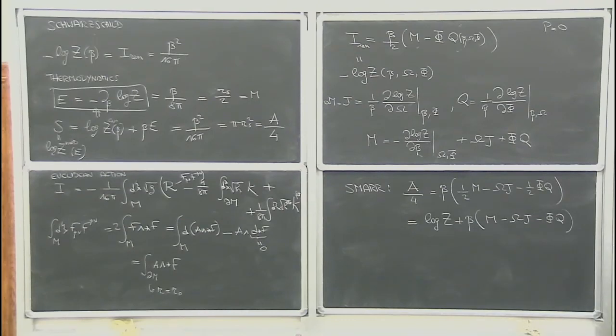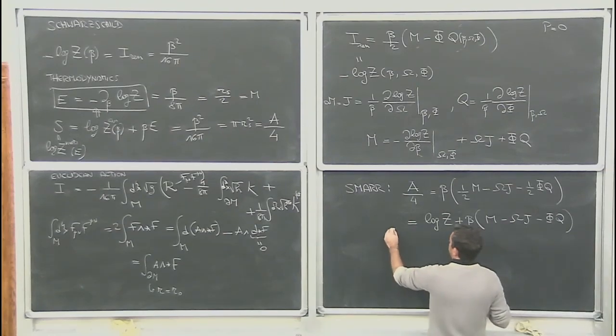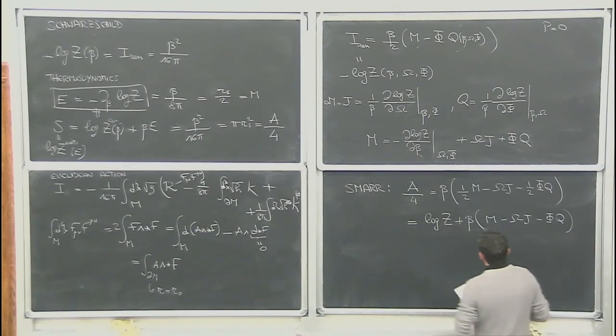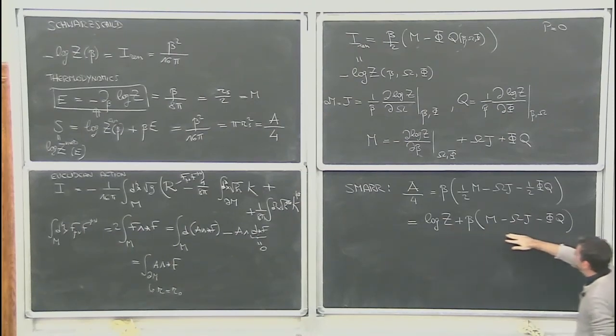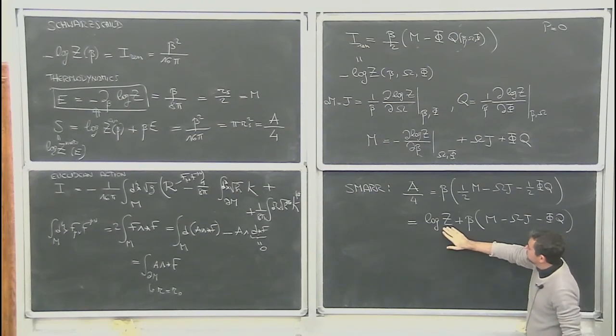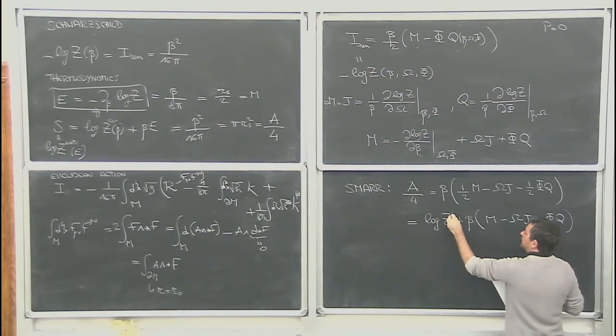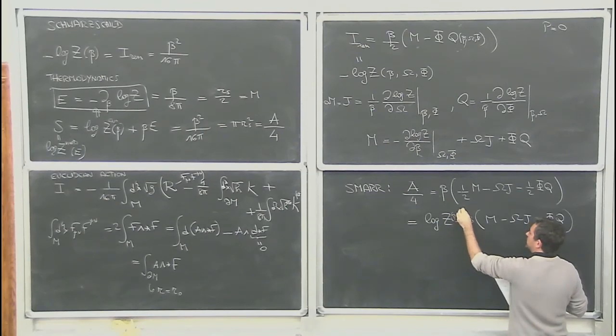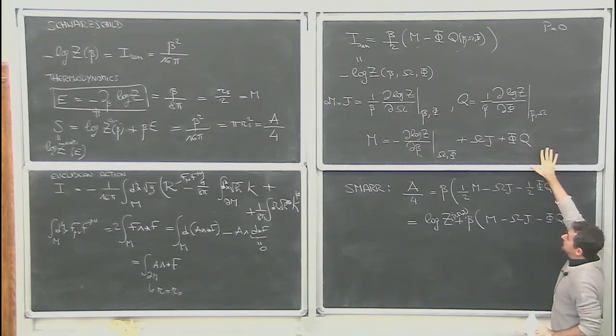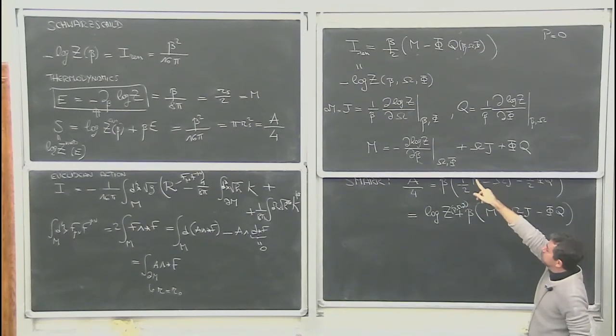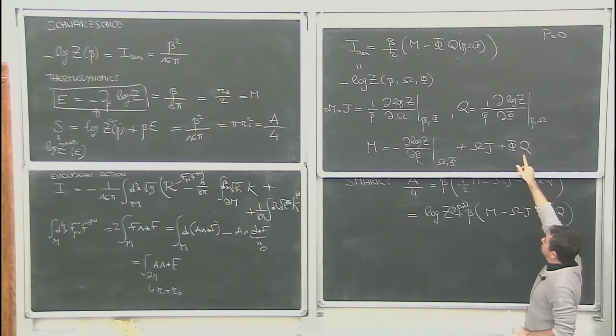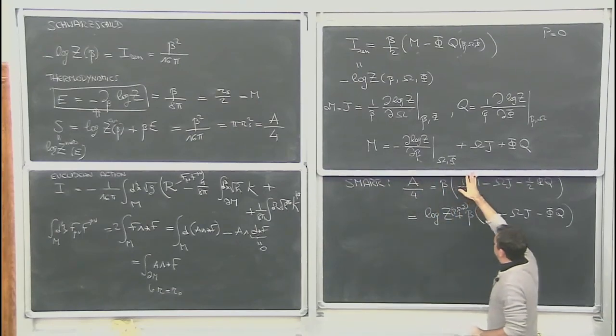Is this something you agree with? Any complaint? Anything not clear? Well, if we all agree, we have concluded. Just let me see. Here we are again defining Legendre transformations. Here we have a function of beta, omega, and phi. Then these relations up here are telling us that J is conjugate to omega, Q is conjugate to phi, M is conjugate to beta.